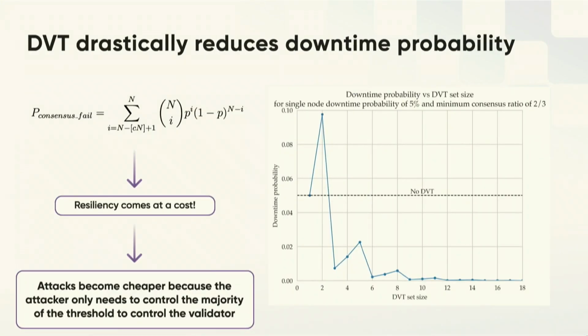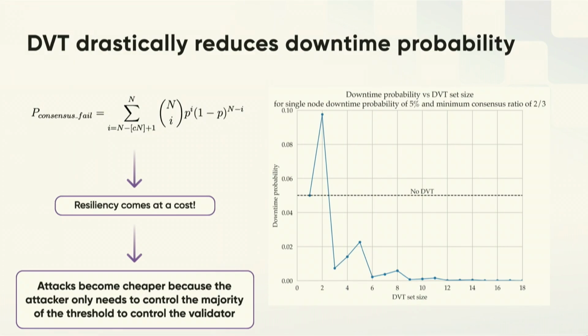Another thing very popular is the DVT. So DVT has been talked about as the Holy Grail of decentralization and validation, and it's great. However, there is always a cost, and we can see how when we have a group that, instead of a single node, is validating.